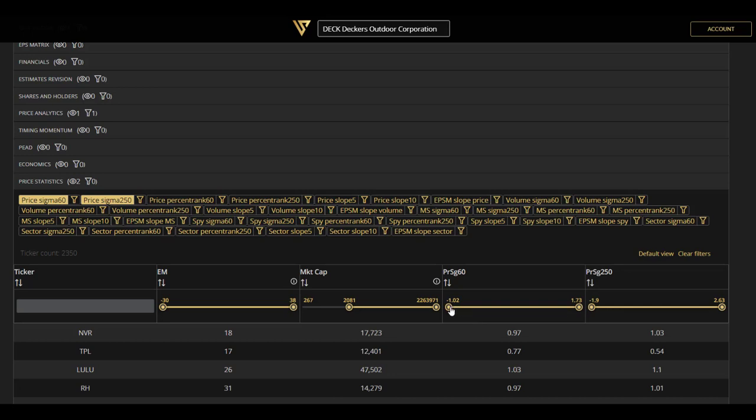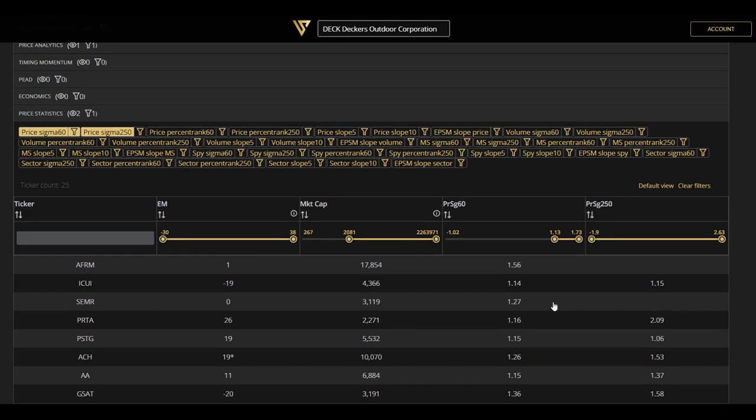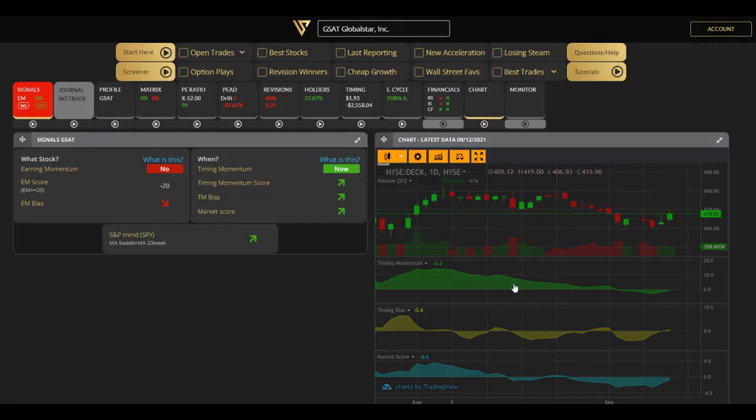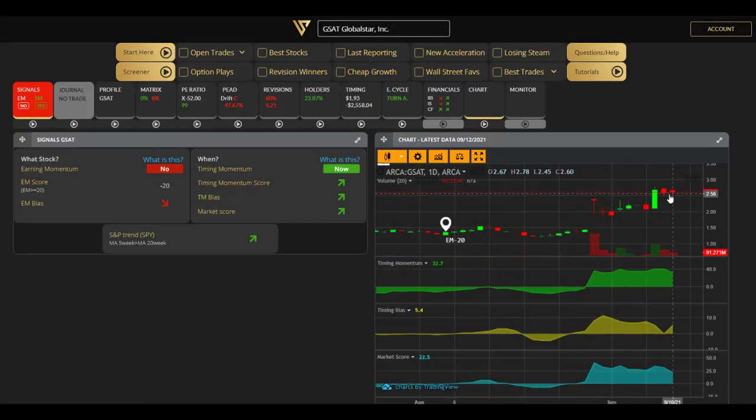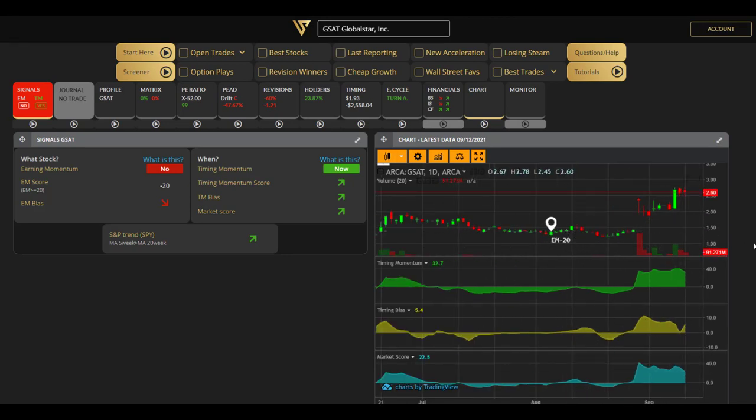Sigma, so how many standard deviations the price is in its 3-month trading history, right? So here, if I set a very high number of 1.13, then I will get pretty much the max high prices that you can find in the period. So GSAT, for example, is at the maximum price it has been for the past month, for the past 3 months actually.